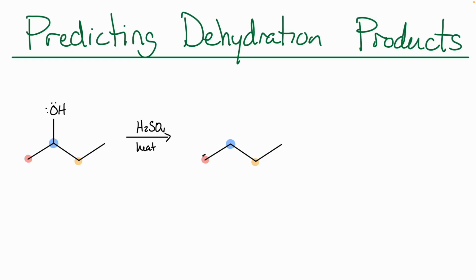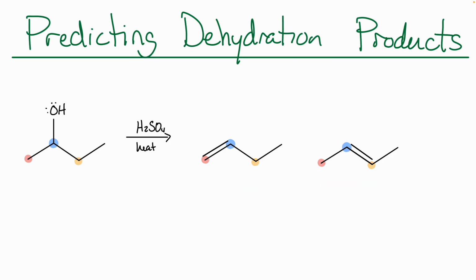Again, I could get two possible products. One, if it forms over here between the blue and the red carbon, and another if it forms over here between the blue and the orange carbon. Right? Two distinct alkene products.